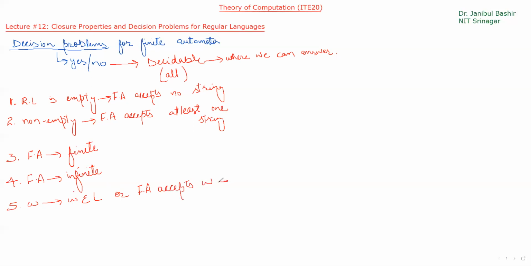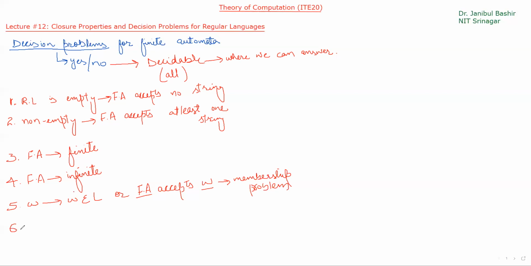So this problem is also called a membership problem. So if we have any finite automata and we have a string W, can we answer whether this W belongs to the finite automata, or we can say whether this finite automata accepts this W?